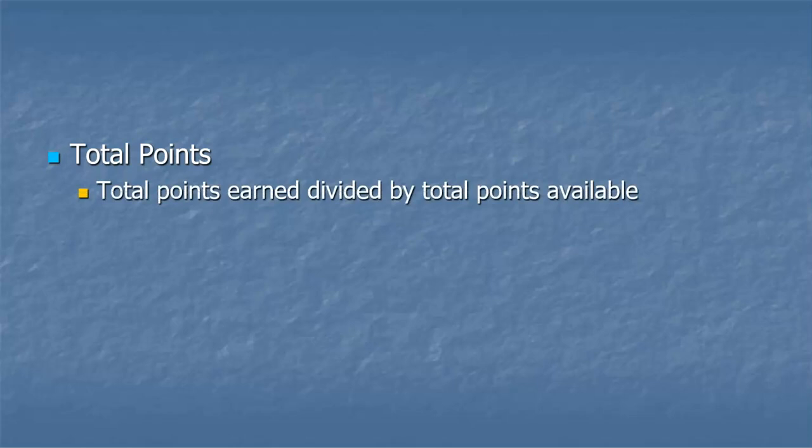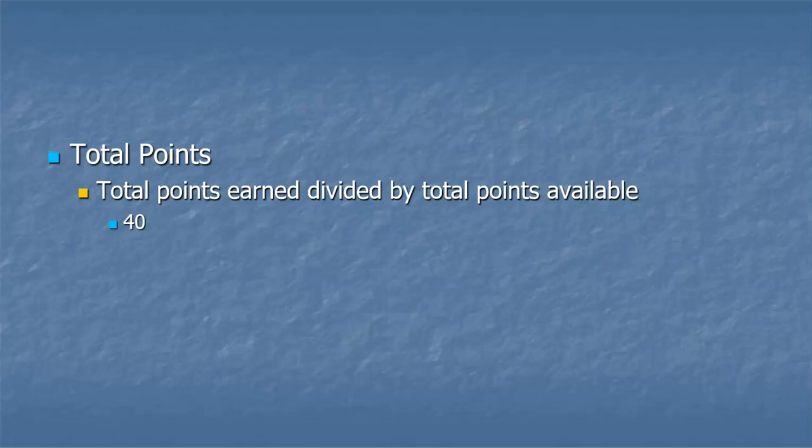So let's look at the total points. Here you're going to take the total points earned divided by the total points available. Now, this works in two different ways. You're used to seeing this on an assignment or an exam.